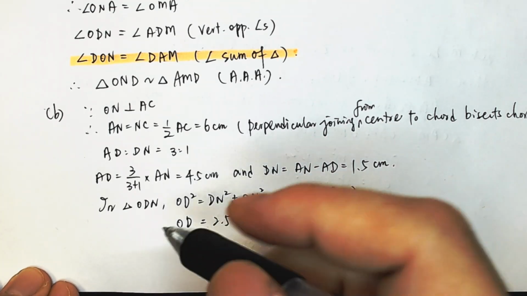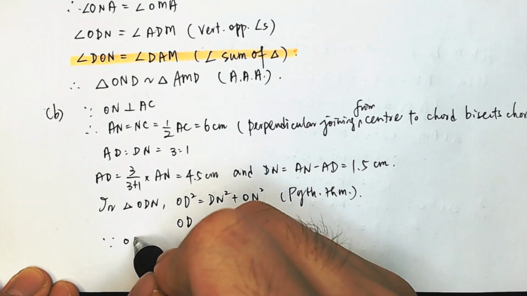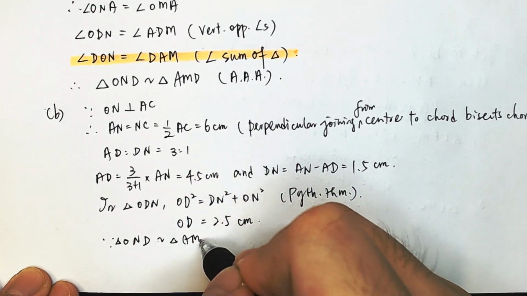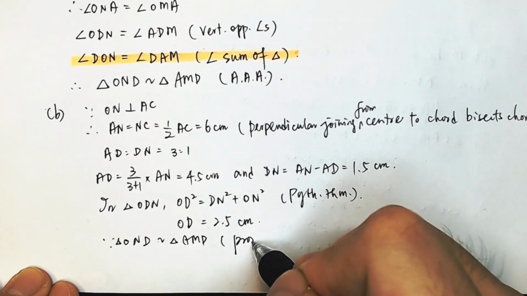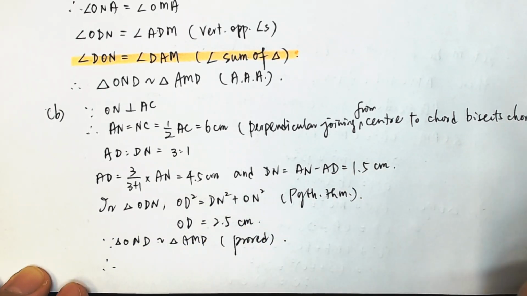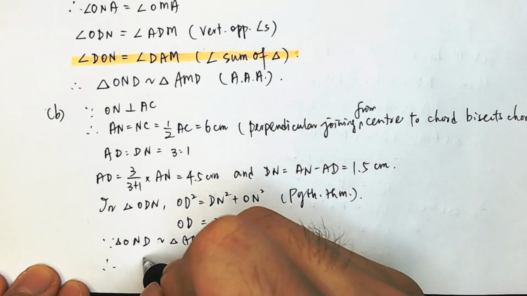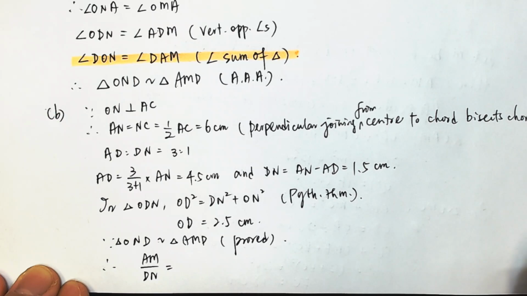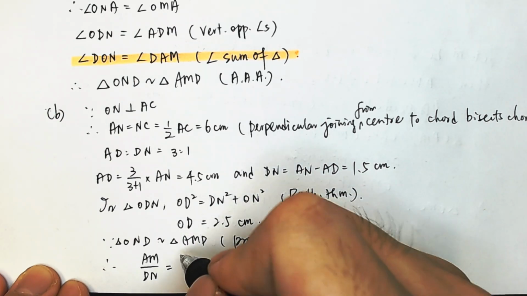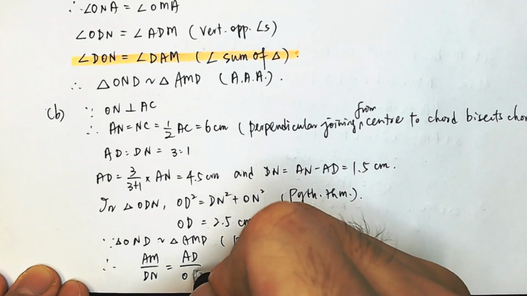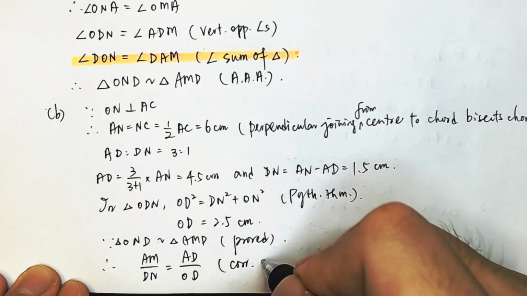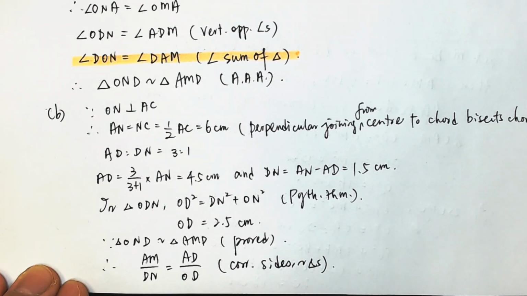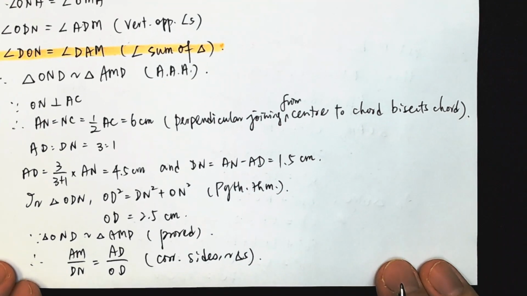Now, since the two triangles OND and AMD are similar, proved, we have AM over DN is equal to AD over OD. It's the corresponding sides of similar triangles.